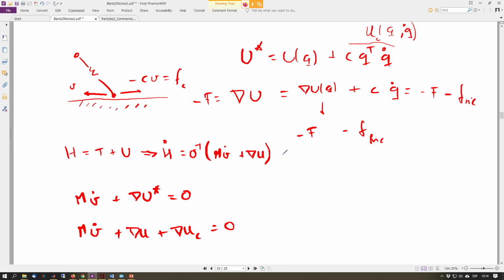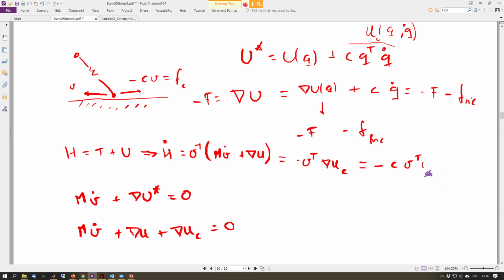From that equation, this is equal to minus v dot plus the gradient of U of the contact. The gradient of U of the contact is equal to c q dot, or the velocity. If we work with generalized coordinates, which are the Cartesian coordinates that we have, then we have minus c by v transpose v.